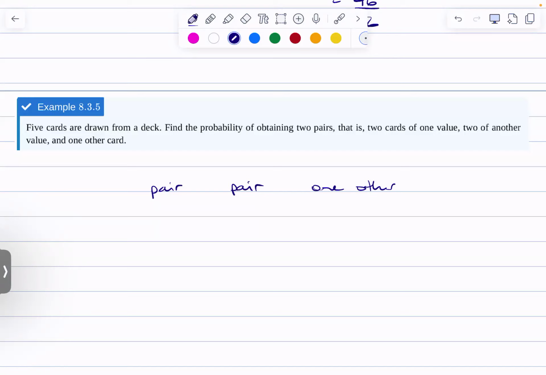This means that you've drawn 5 cards from a deck of cards, which I'm going to tell you in case you are not sure, there's 52 cards in a deck of cards. I've had students come up to me after class and say, I don't know anything about cards.